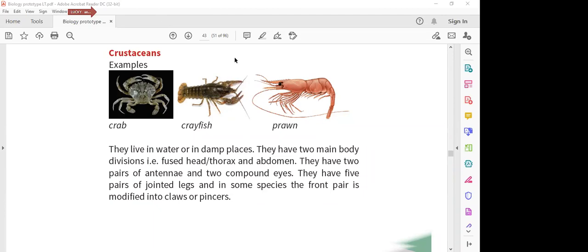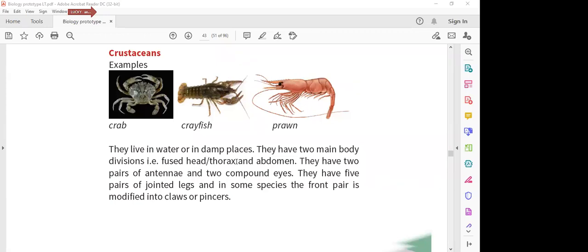Now, have you heard of what we call cephalothorax? Very nice. Someone has given us the answer, and that is the cephalothorax.